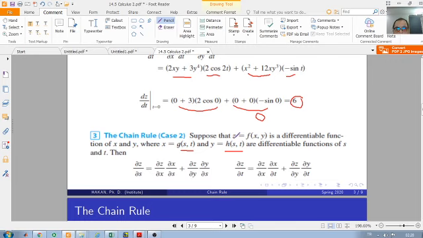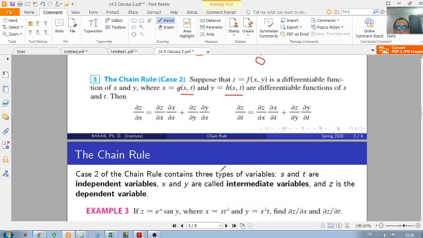Actually it is a function of two variables. Now it depends on the variables s and t. Here x and y are called the intermediate variables. s and t are the independent variables, because s and t do not depend on any variable in this situation, but x and y depend on the variables s and t, and x and y form another function written here.